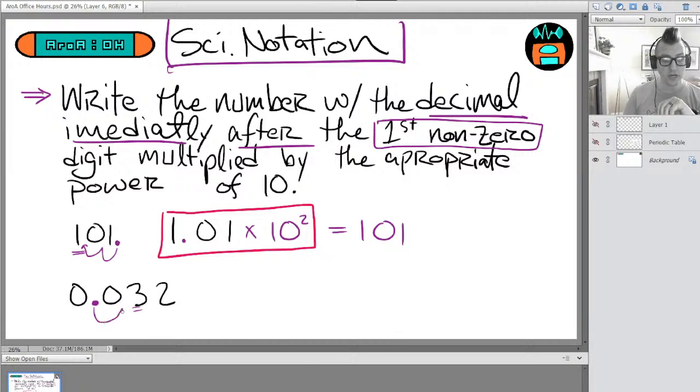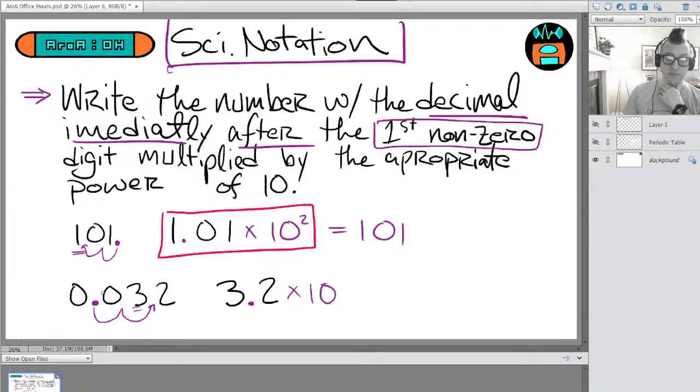So we're going to move it 2 spaces over. So in scientific notation, this would be 3.2. But now again, 3.2 is not equal to 0.032. We need to multiply 3.2 by the appropriate power of 10 so that these two are equal.